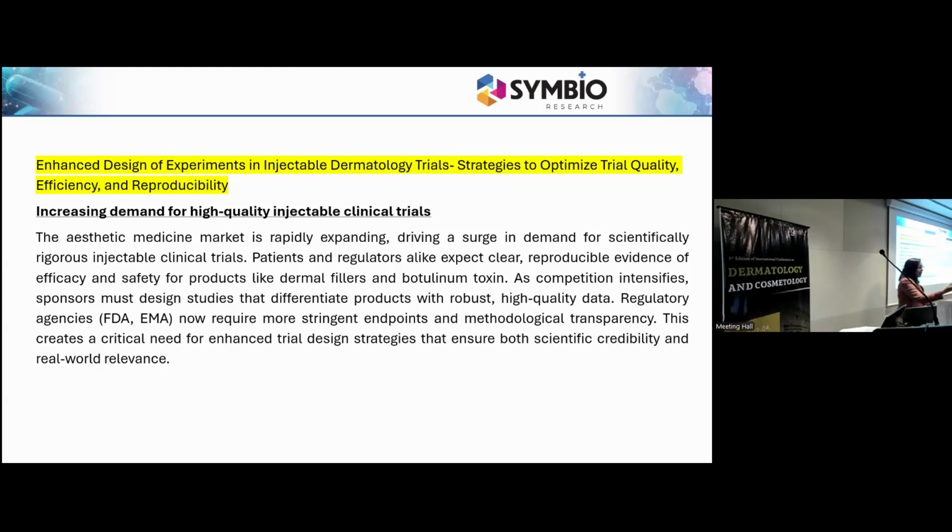Even I go and try to understand what the side effects could be. I am a person who has diabetes. I am a person who has thyroid. Is it going to work for me? Is my comorbidity going to intervene? That is why designing an experiment in a way that we can optimize trial quality, efficiency and reproducibility is now very important.